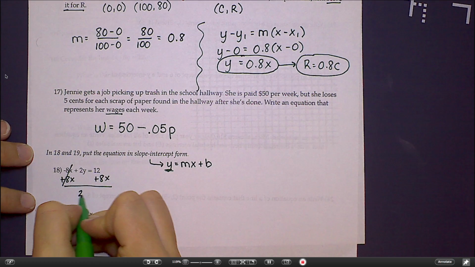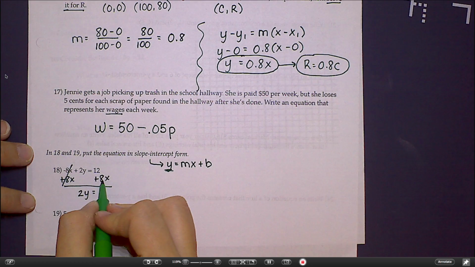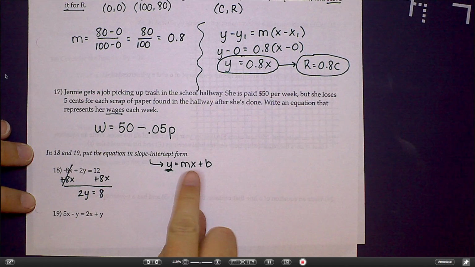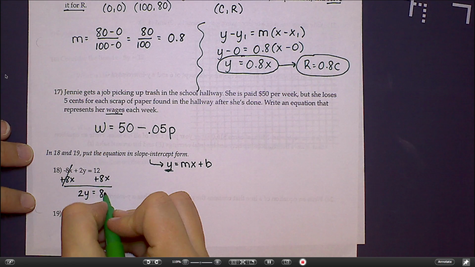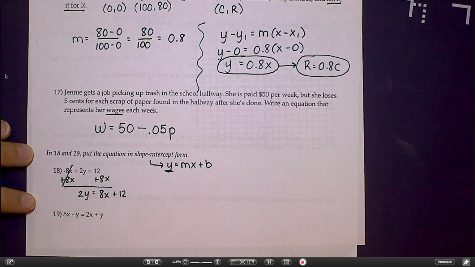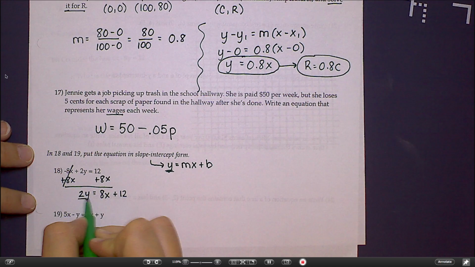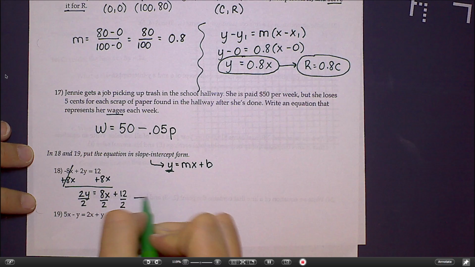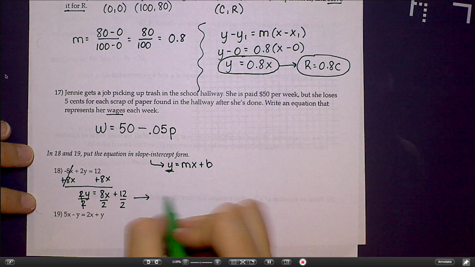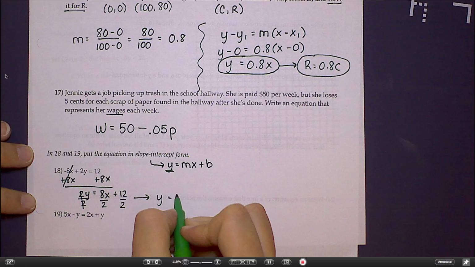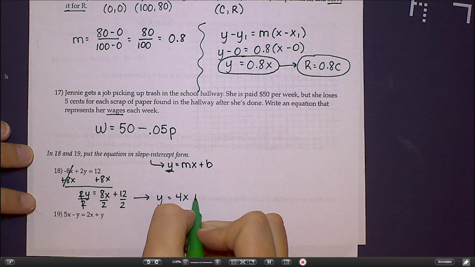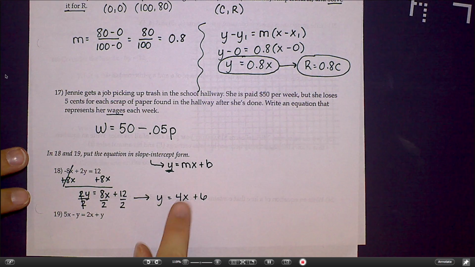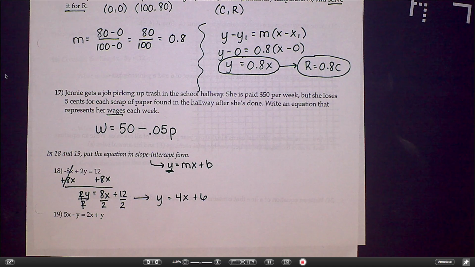So I get 2y. And I'm going to write this with the 8x first, just because that's how my slope-intercept form looks. Okay. And then I'm going to divide everything by 2. And that would work out to be y equals 4x plus 6. And there we go, we're in slope-intercept form. So that's all those are asking you to do.